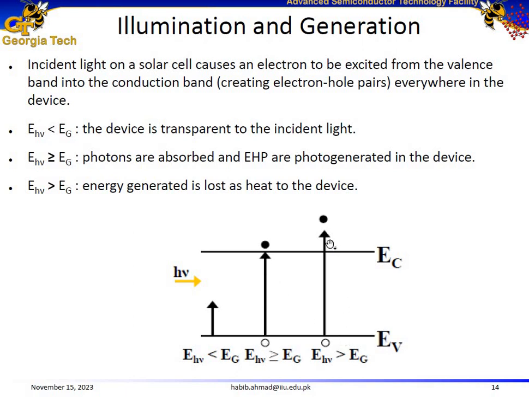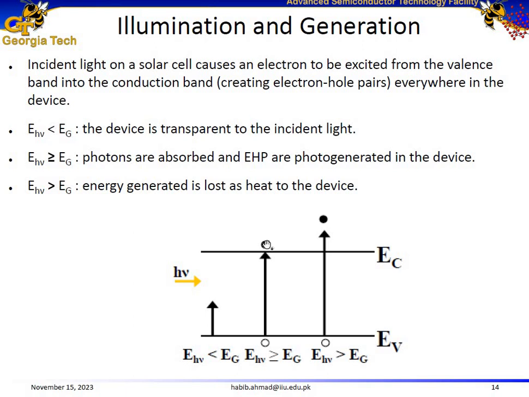And we have a third photon where the energy is much greater compared to the band gap of this semiconductor. For the photon where the energy is smaller than the band gap of the semiconductor, it is not going to result in the generation of an electron hole pair. It is just going to transmit through the semiconductor without disturbing its electronic behavior.